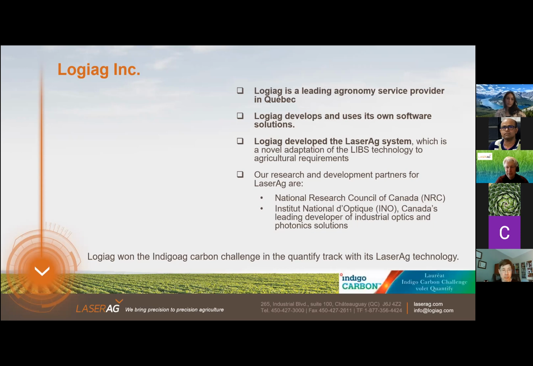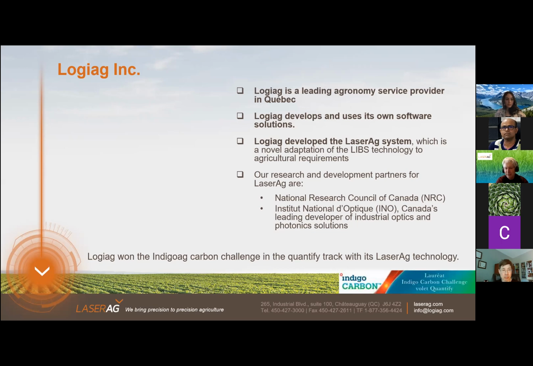So first, a word on Le GIAG. I founded it in 1999. And we are currently, I say it with humility, a leading agronomy service provider in Quebec. We develop all our own software and agronomic solutions. And we've been working on the laser ag system, which, like I said, is an adaptation of the LIBS technology for agricultural purposes.